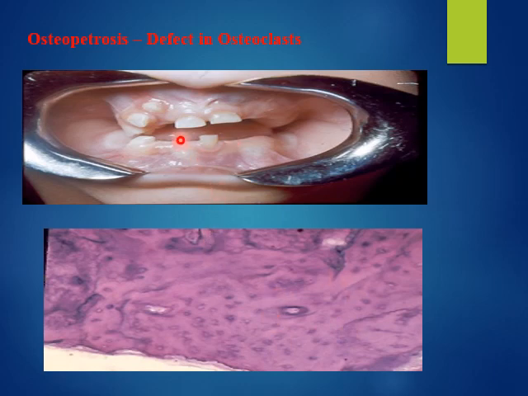This causes a delay in the eruption of teeth in these patients. Why does this occur? Because there is no proper osteoclast formation, so there is no bone resorption for formation of the eruptive pathway needed during eruption, which causes a delay in the eruption pathway.